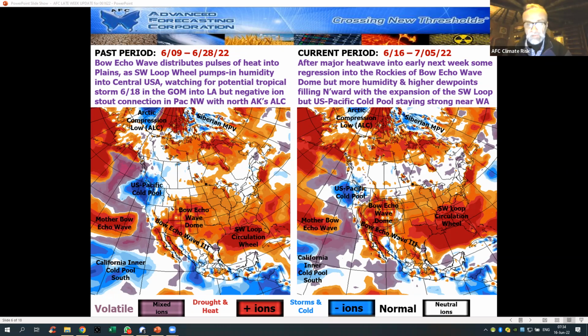So the Rockies and the Southwest are really going to heat up much more than even now. But the Southwest Loop circulation wheel is going to kind of take over. It's going to say, all right, Bow, if you want to go westward, I'll kind of do your job in supplying some heat. But the Southwest Loop can't supply the same amount of heat as the Bow.